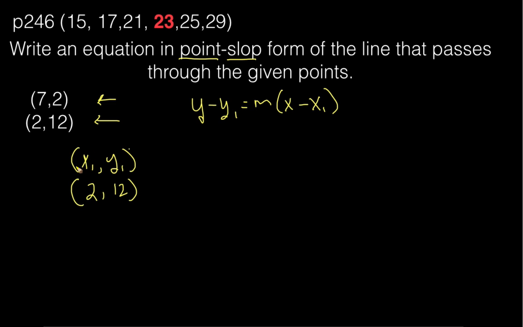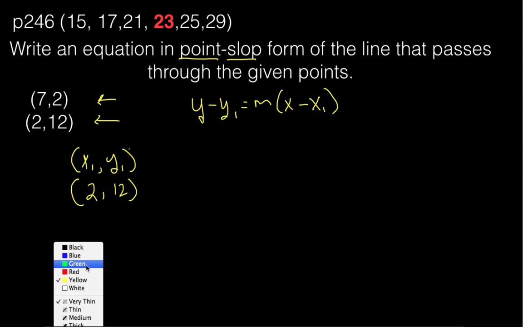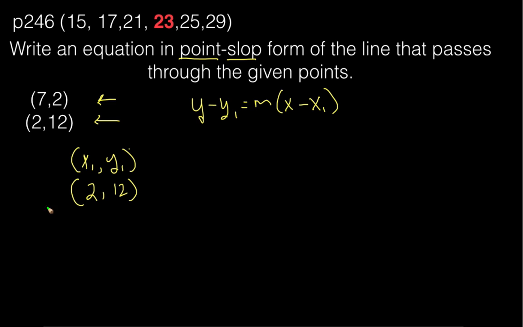Okay, so there's my point. Now I need the second part of this equation. That's my slope. So I'm going to pick green here to find my slope. To find your slope, when you have 2 points, you can use your slope formula: delta y over delta x, or y2 minus y1 over x2 minus x1.